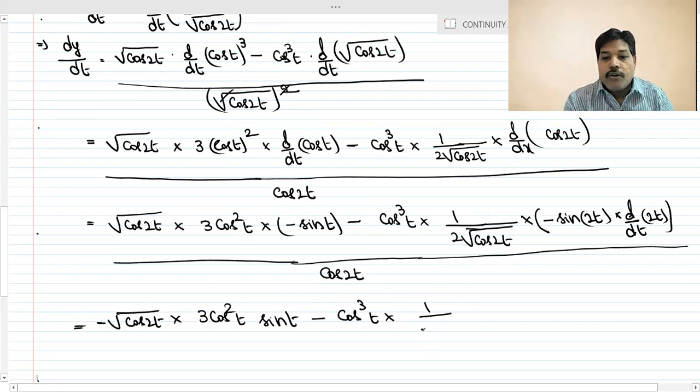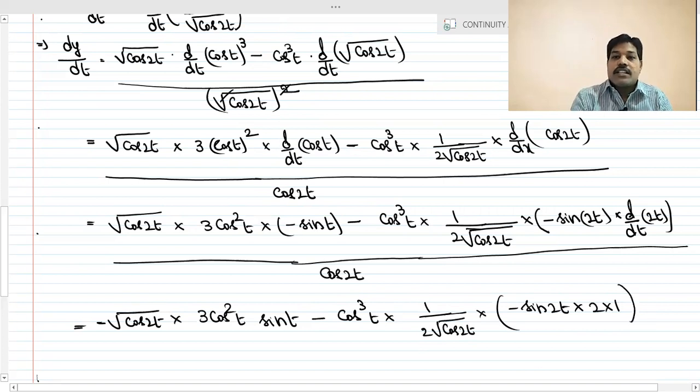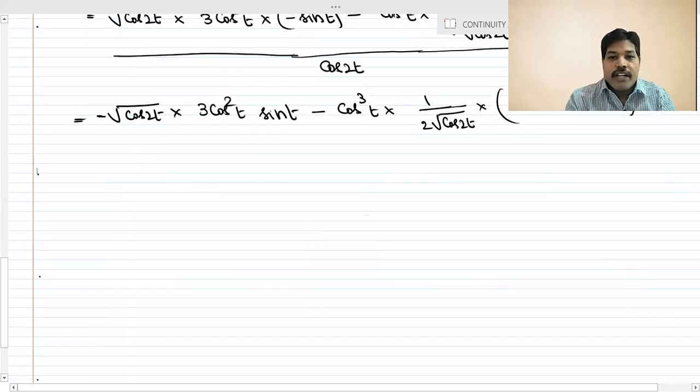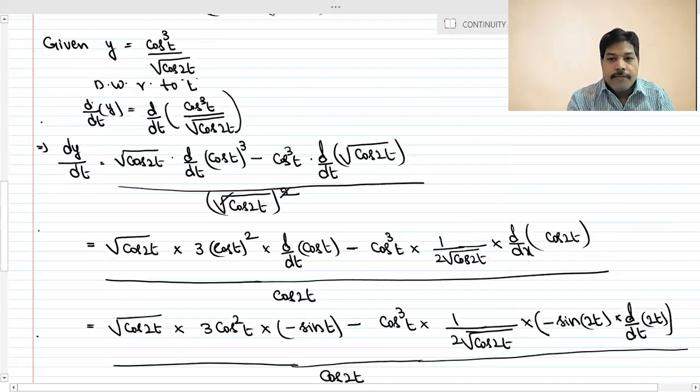So that is the minus, I will remain the same. So 1 by 2 into root of cos 2t into minus sin 2t into derivative of 2t is nothing but the 2 into 1. Why? Because derivative of t is nothing but the 1 only with respect to t. So what happens?